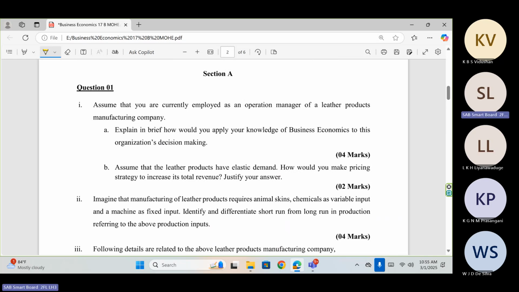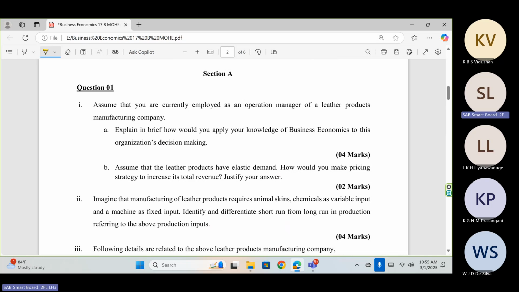The average cost is AC. You would have learned this. AC is average cost, not AVC. How can we calculate it? Average cost is TC divided by quantity. TC means FC is also included. So there you can see.